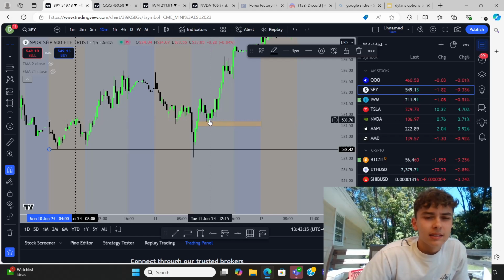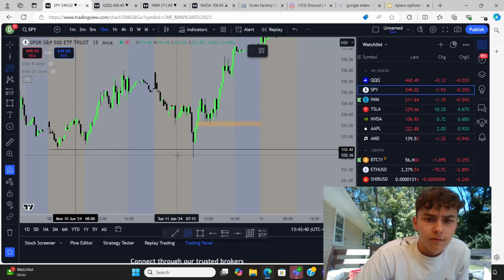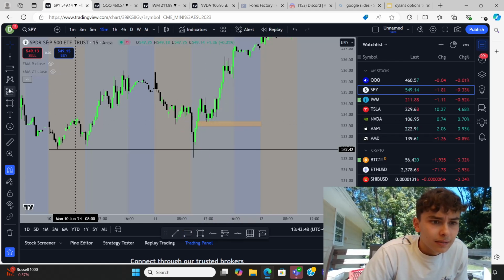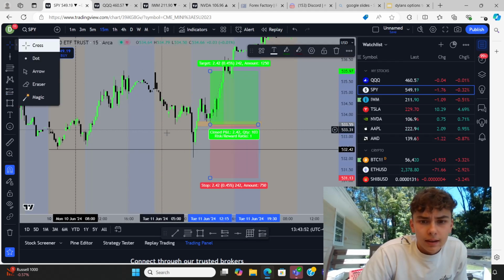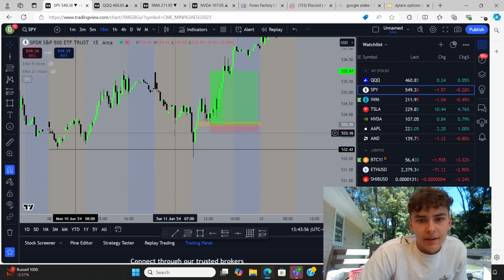As soon as I'm seeing this, I'm taking my position, right? I'm seeing, okay, 4 hour liquidity sweep, inversion fair value gap, break of structure, pull back to here. That is a long position. Boom. I'm putting my stops below this fair value gap right here.